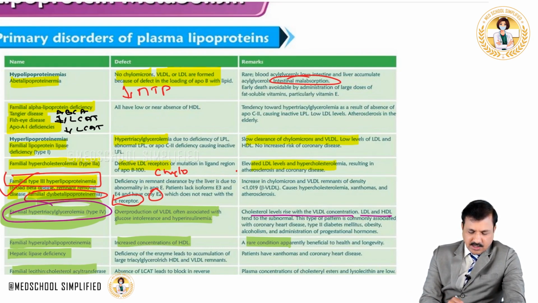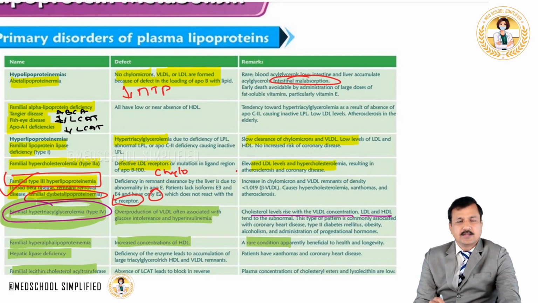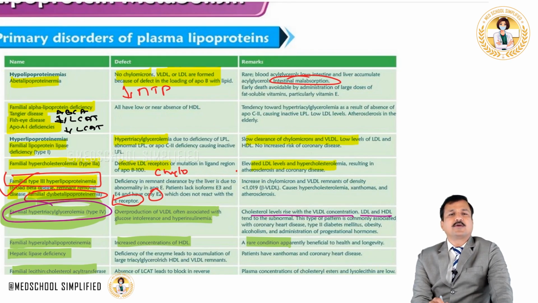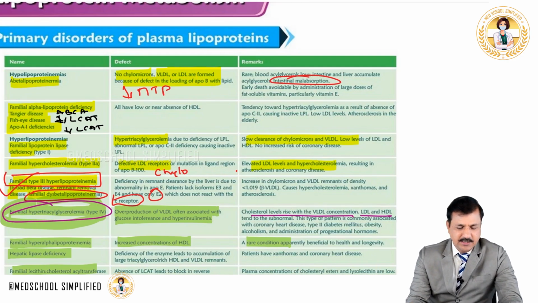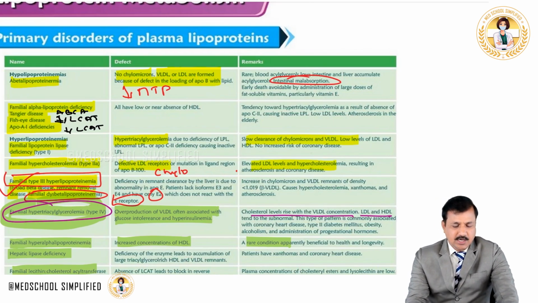Familial lecithin cholesterol acyltransferase deficiency, we have seen in the previous slide. There can be partial deficiency or complete absence of the enzyme, giving rise to low HDL levels and increased levels of abnormal LDLs and VLDLs.